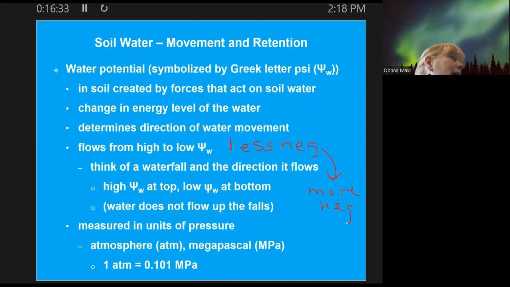So if that ψS is creating a really negative situation, then water moves from a less negative water potential to a more negative one. So looking at what's dissolved in the water can have a big impact on overall water potential, and then how water is going to move between two different systems, like the soil water and the plant.